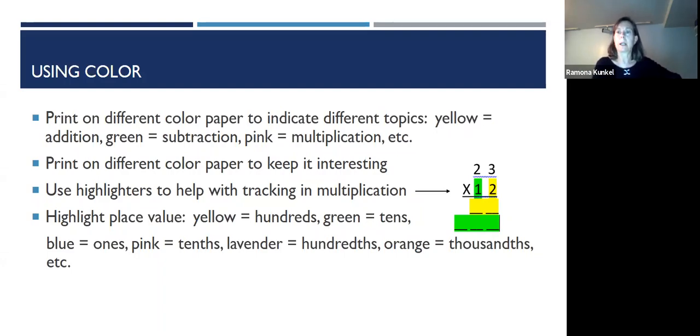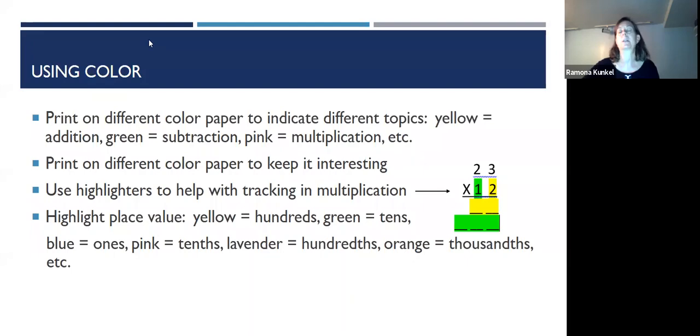Yeah, except if they're colorblind. Unfortunately that can be a drawback. Just even printing it on different color paper, just to keep it interesting, just to mix it up a little bit.